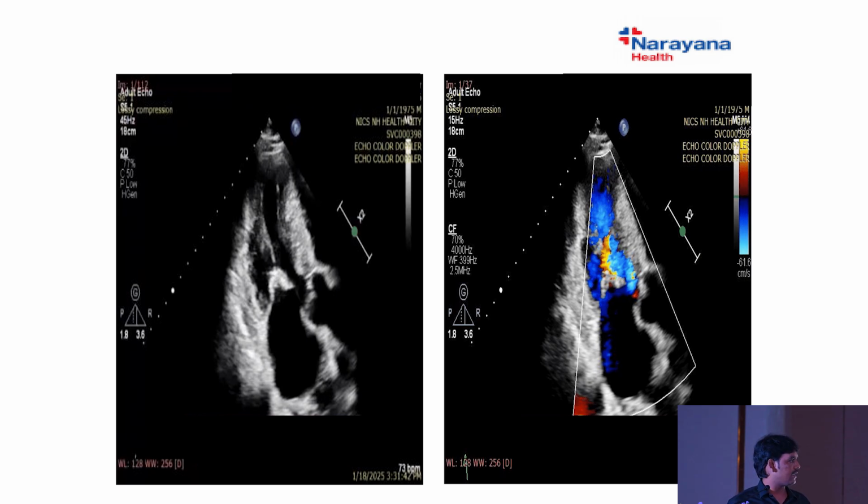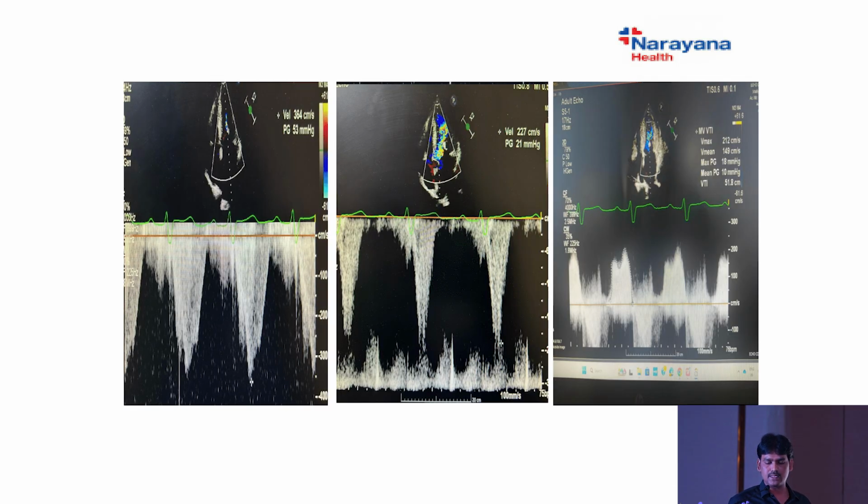In the apical long axis with and without color flow, you can see the same: the mitral valve densely calcified at the margins, as well as the chordal attachment. His gradient at mid-level showed almost moderate obstruction. There was no LVOT obstruction, and his mitral inflow gradient was around 18/10, showing significant mitral stenosis.